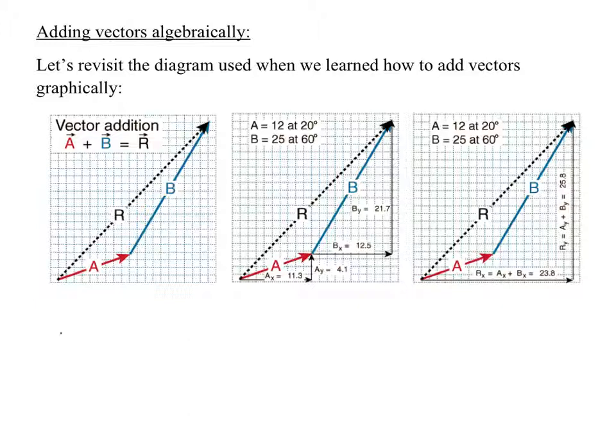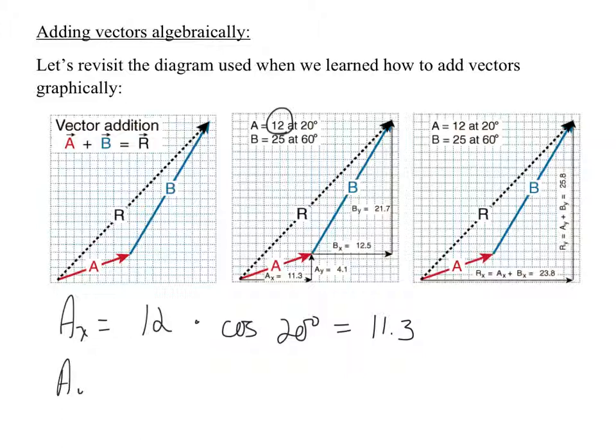Well, AX is going to be the horizontal component of vector A, so take vector A, which is 12, it's coming from up here, times the cosine of the angle, which was 20 degrees. And again, that's up here, right? There's the 20 and there's the 12 we just looked at. That's going to give us a value of 11.3.